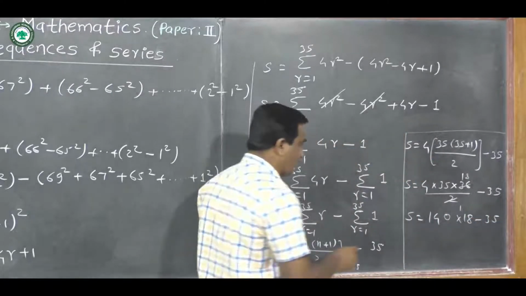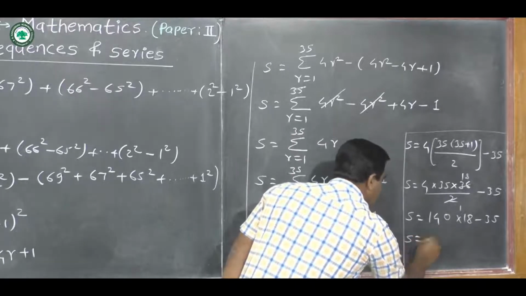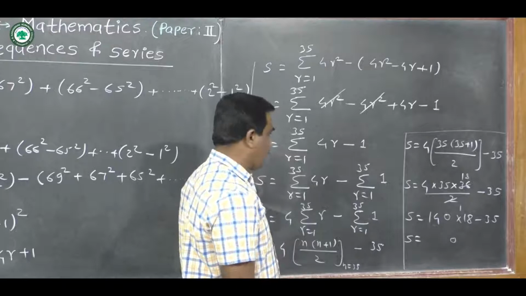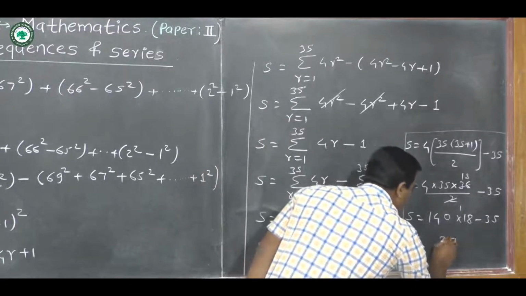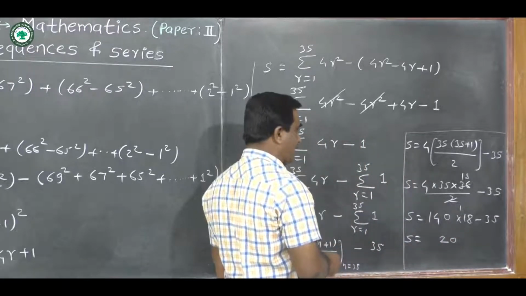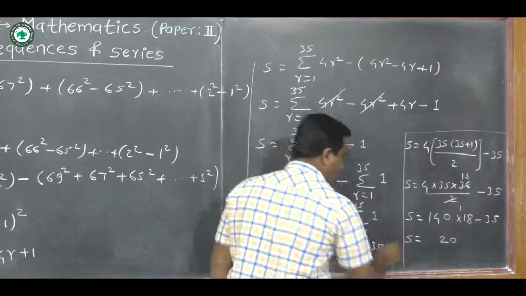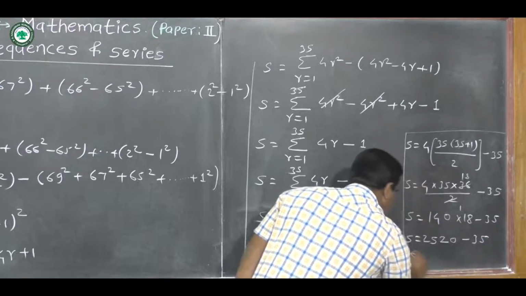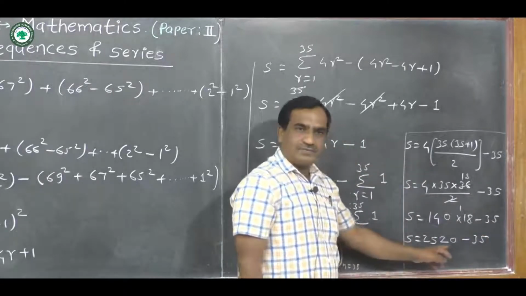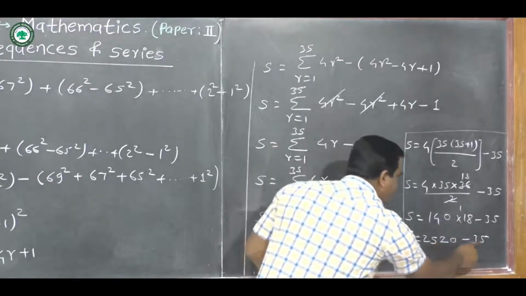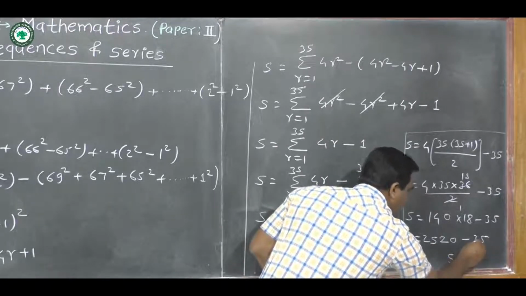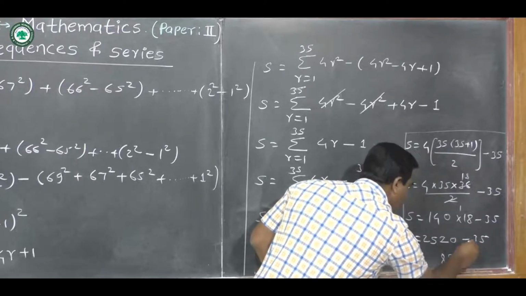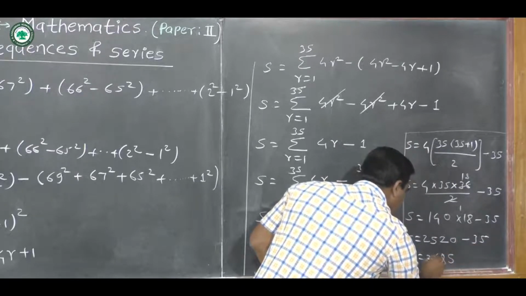Okay, now we can take this product S equal to 0, 18 4s are 72 and write 2 here, carry on 7, 18 1s are 18 plus 7 25 minus 35. That is, taking this subtraction, we can write value of S, 10 minus 5 means 5, carry on 1 4, 12 minus 4 8, carry on 1, 5 minus 1 4 2.